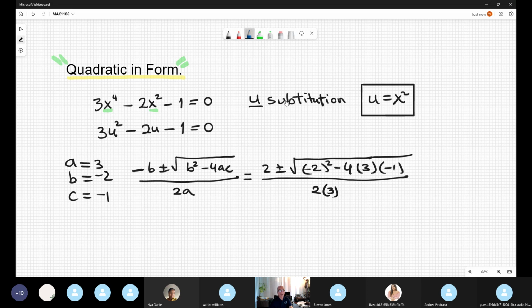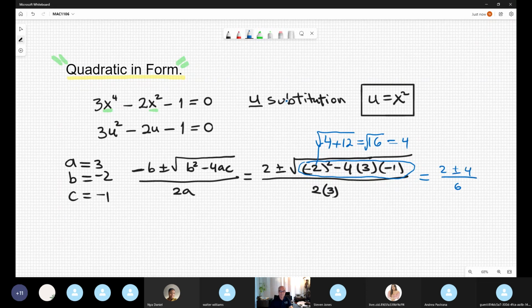Okay, so let's do the operation inside the radical according to the order of operations. Now -2 squared is positive 4, and double negative, be careful with the sign, -4 times 3 times -1 together is positive 12. Nice, it's 16. And the square root of 16 is 4. And so far, my answer is 2 plus or minus 4 divided by 6.